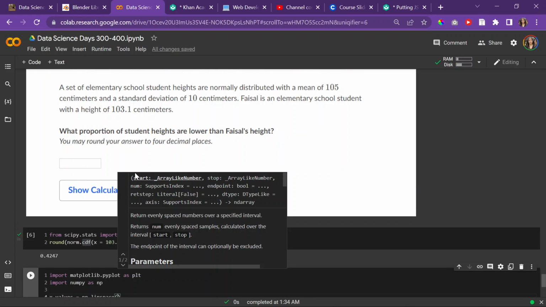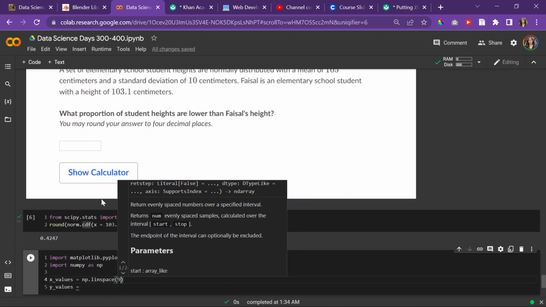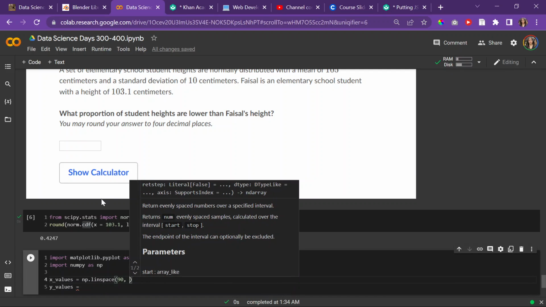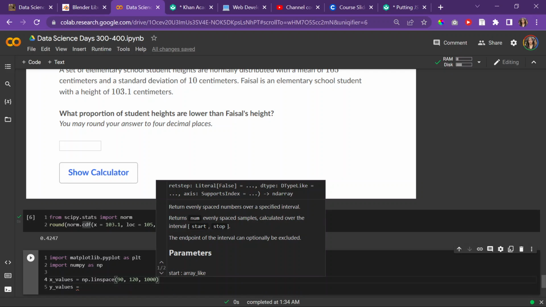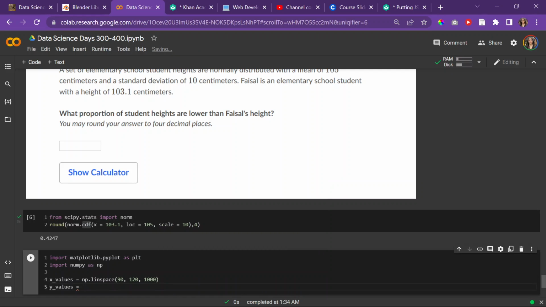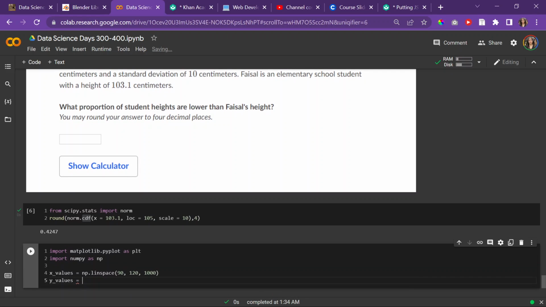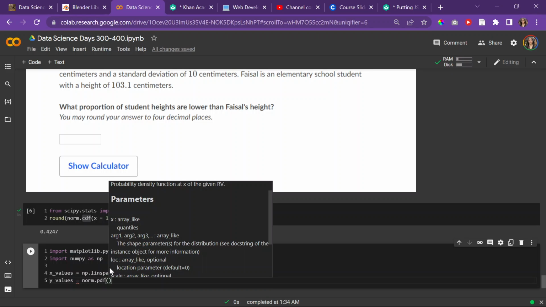And so I kind of play around with that by reading the problem. So if the mean is 105, then I would just maybe do something like 90 as a start, and then I would end something like 120, and then have 1,000 values in between. It might not be perfect, and we can switch it after we see the graph, but I kind of estimate like that. And then for the y values, I do PDF, which is a probability density function.